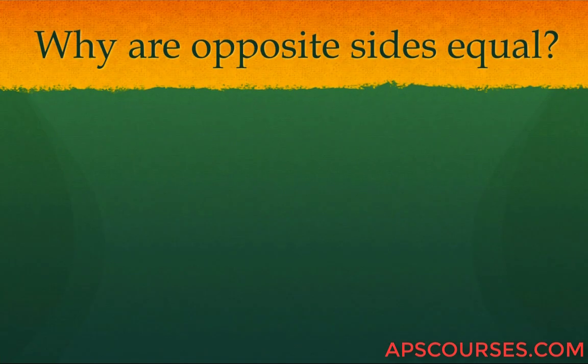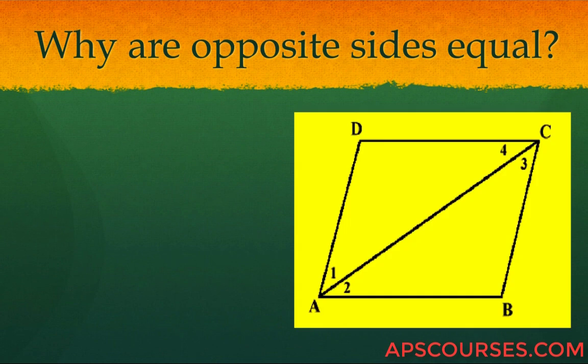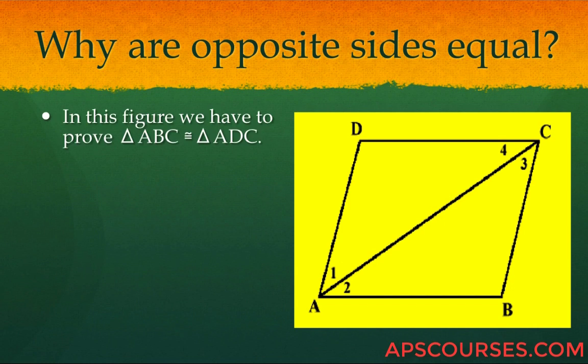Now the question arises, why are the opposite sides equal? If ABCD is a parallelogram, the fundamental definition is that the opposite sides are parallel. In this figure, we need to prove that triangle ABC is congruent to triangle ADC. If we can prove congruency, then the opposite sides will be equal.